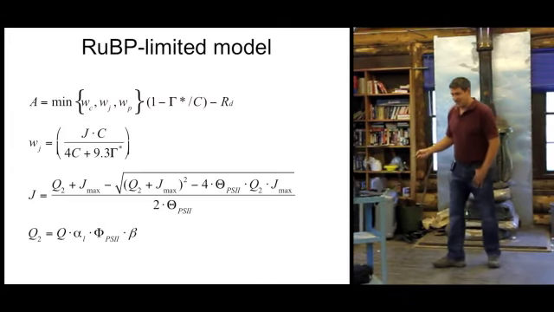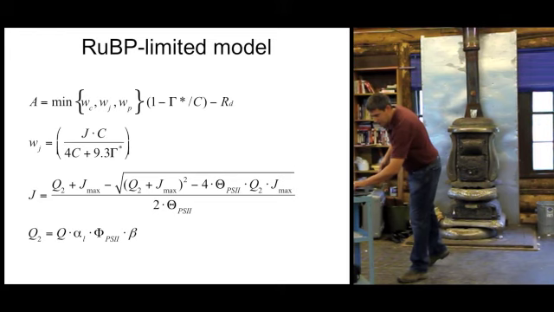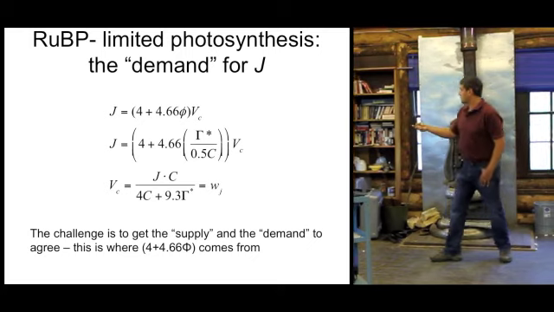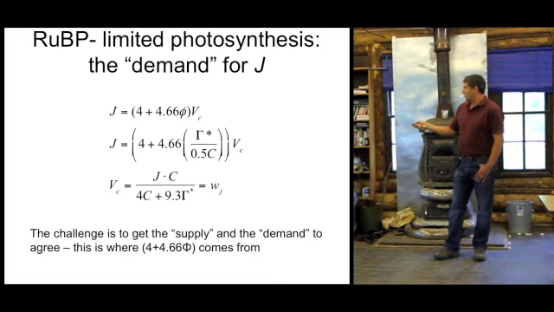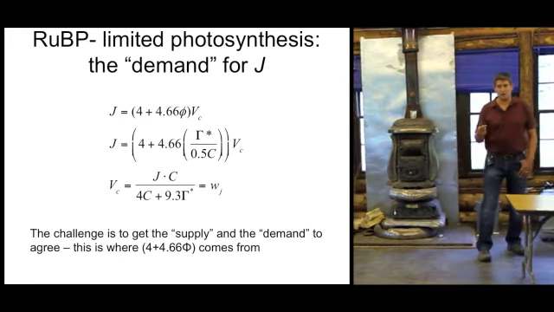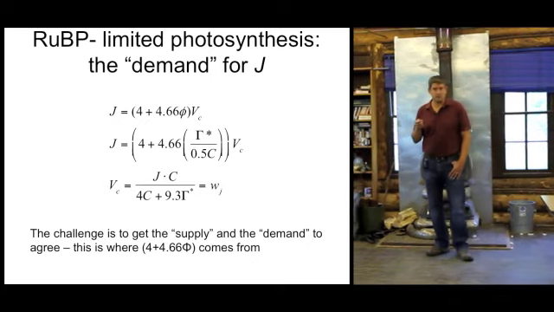So that's how we got this 4 plus 4.66 phi. That's the electron transport rate necessary to accommodate the leaf's demand for NADPH and ATP based on whatever your rate of carboxylation is.